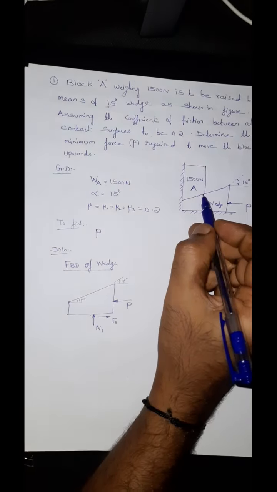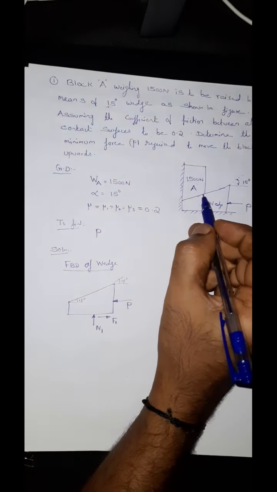So this would be 90 degrees. Then what about this angle? 90 minus 15, which is 75. If you draw a horizontal line, that means a parallel line to this, and as you know, the opposite sides are always equal, so this is 75 degrees.